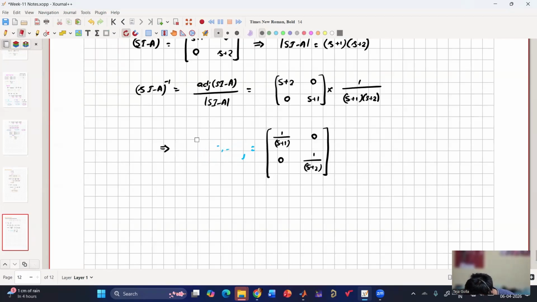So this is (sI minus A) inverse. Now I have to calculate Laplace inverse of (sI minus A) inverse. It will be e to the power minus t, 0, 0, e to the power minus 2t.